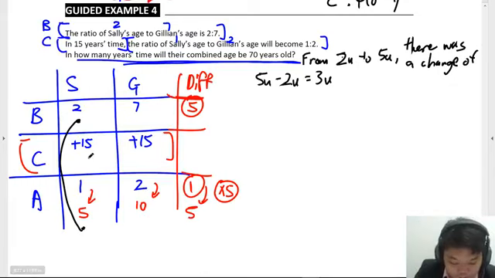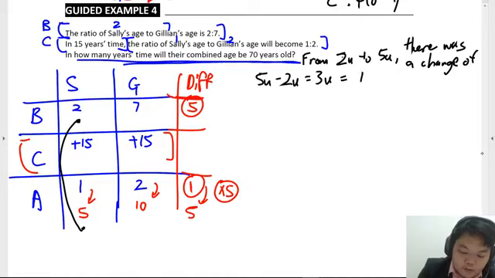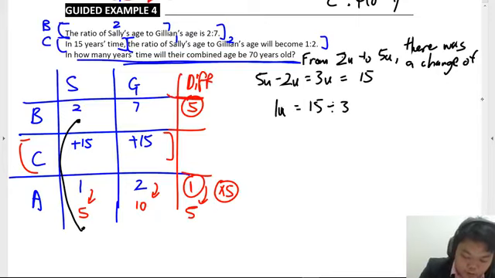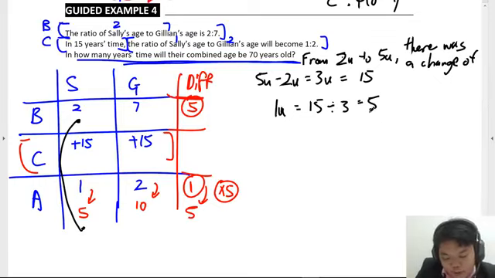That 3 units came from this 15 years that both of them age by. So once we got that, we can say that 1 unit must be 15 divided by 3 to give you 5.